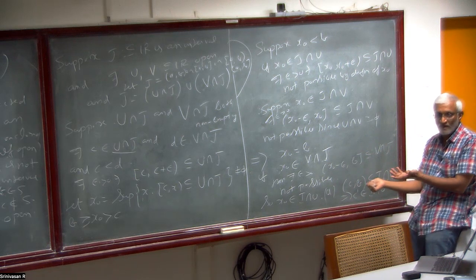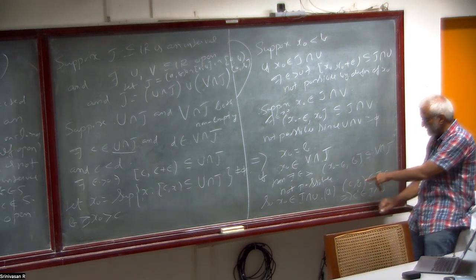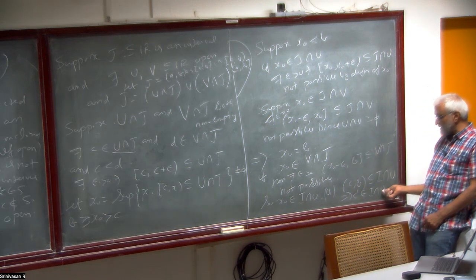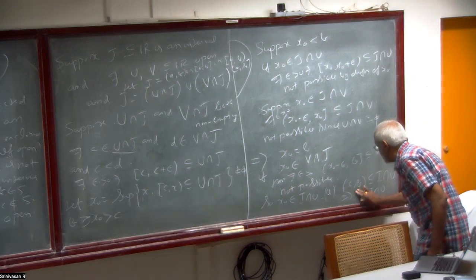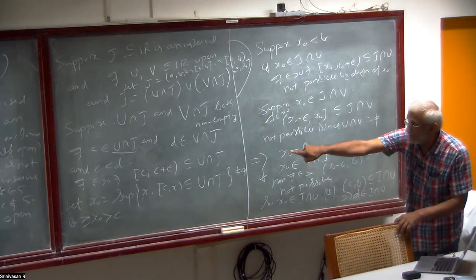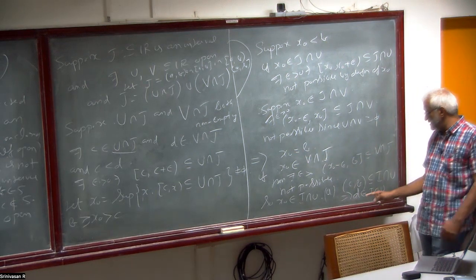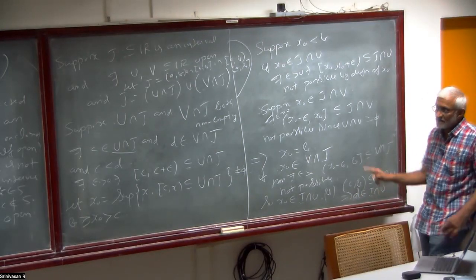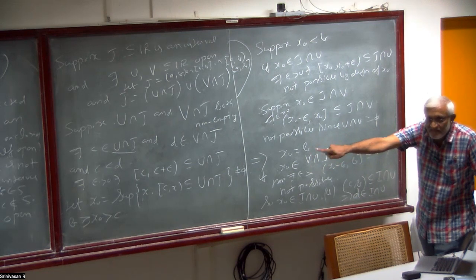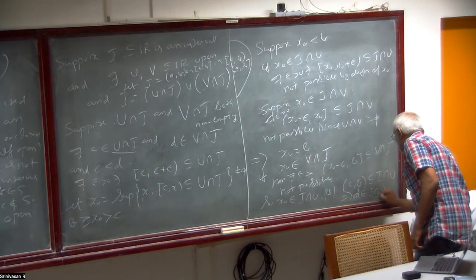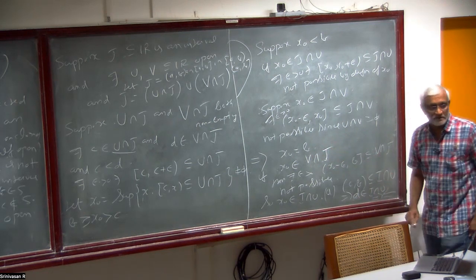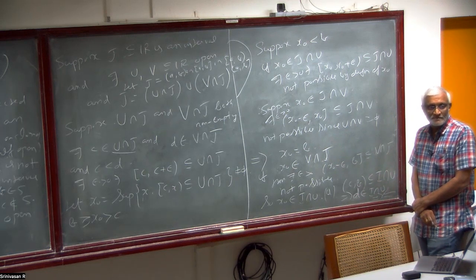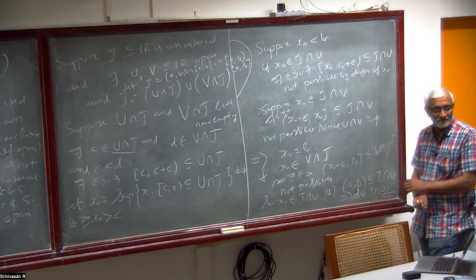Sorry, D, what I call D, is the other one. D is greater than this, and D has to be in I intersection U. But we have assumed D is in I intersection V. This is also a contradiction. So it's proved. None of them is possible.